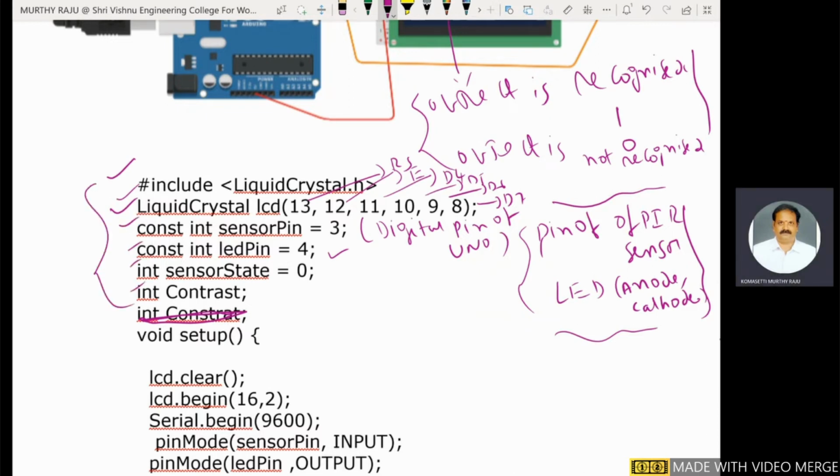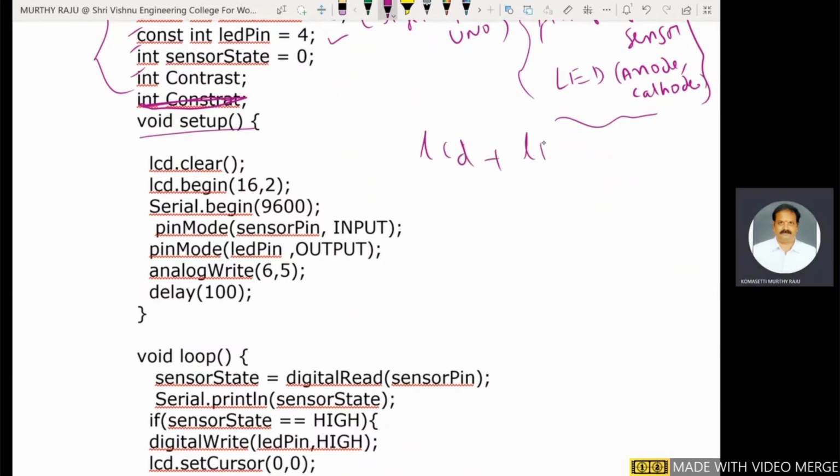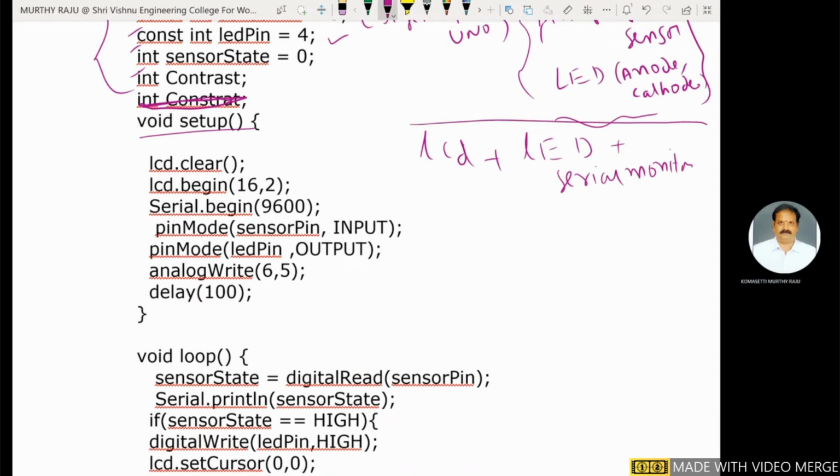Next, coming to void setup, here LCD plus LED action plus serial monitor. These three are very important. These three actions are included in the form of programs.